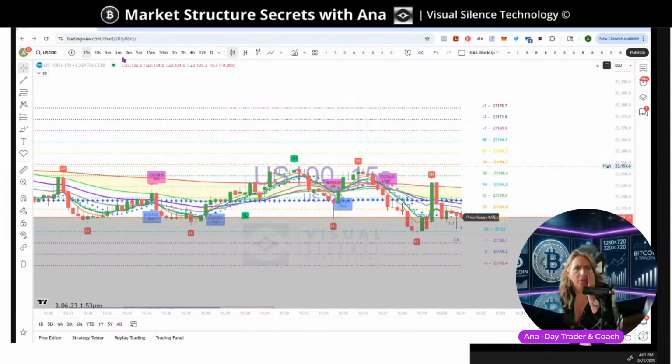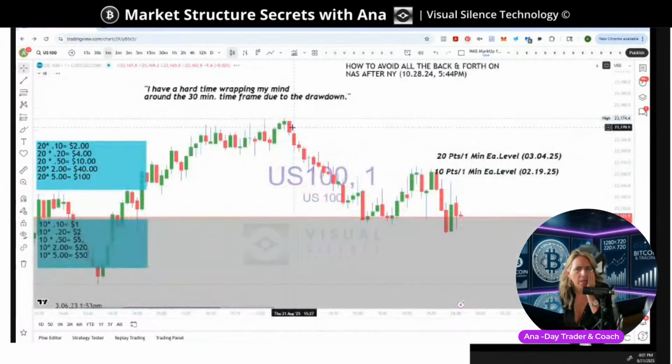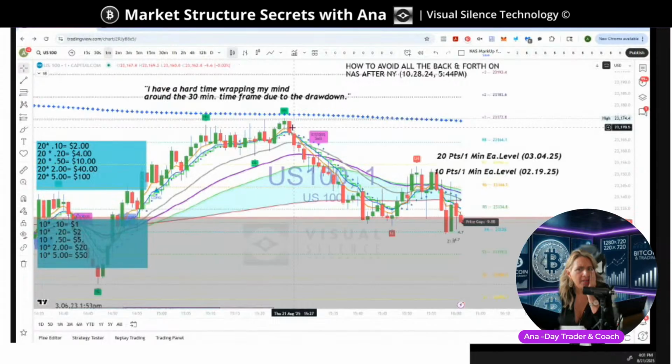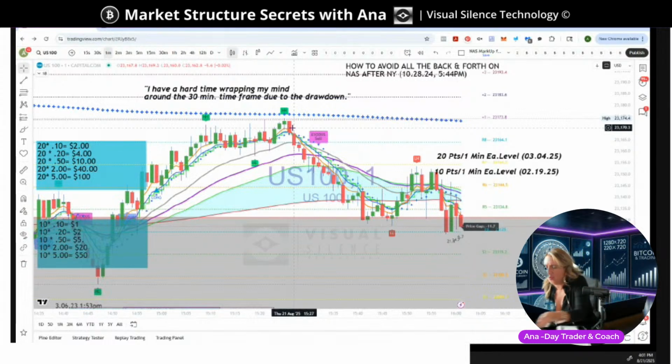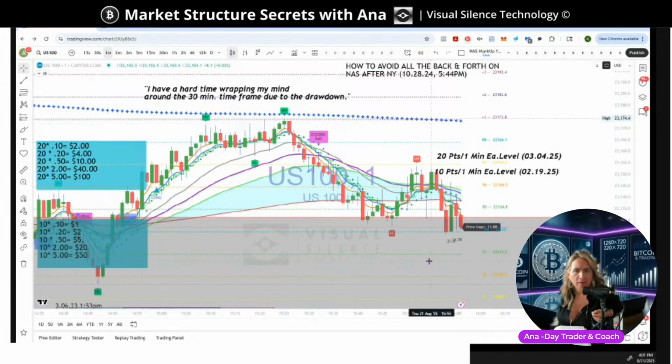On the 1 minute, we are under the 21, so momentum is selling. So this is where it actually comes into live playing, where you want to be buying off of the 800 or do you want to be selling off of the 800 if you're not going to use your Exodus cross.